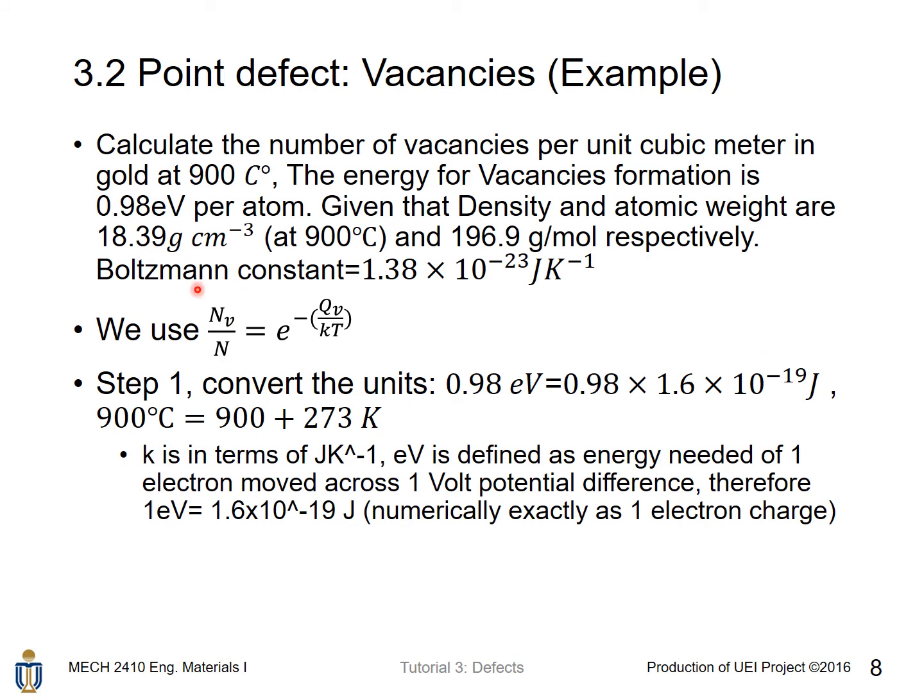The Boltzmann constant K is in terms of J per K. And eV is defined as the energy needed for one electron moved across one volt potential difference. Therefore, 1 eV is equal to the electron charge value, 1.6 times this power, times 1 volt, which is numerically exactly the electron charge.